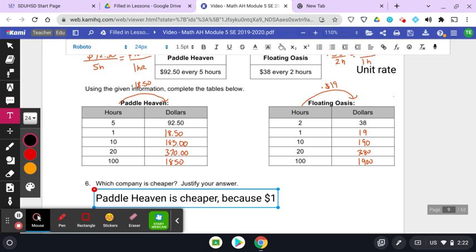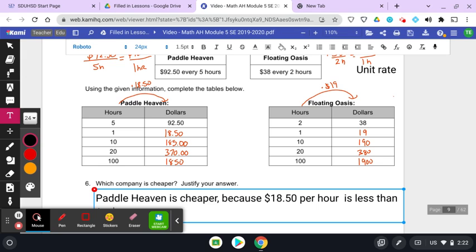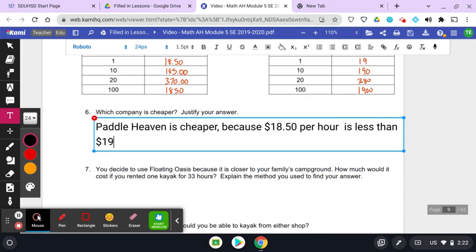Because $18.50 per hour is less than $19 per hour. Okay, remember this is a video, so if I'm going fast, you can pause, you can rewind. If I'm going too slow, you can fast forward.